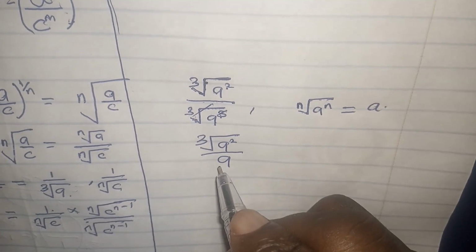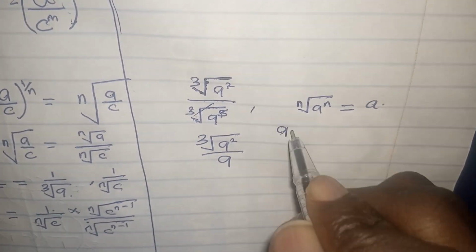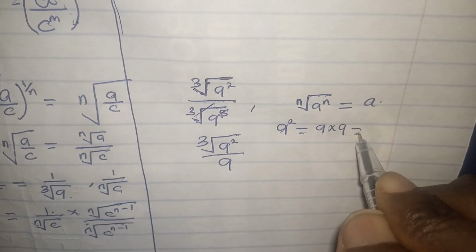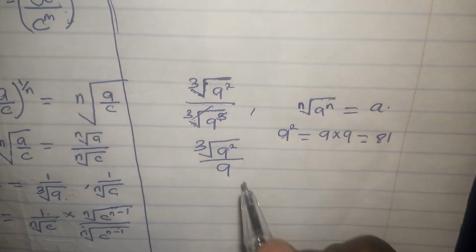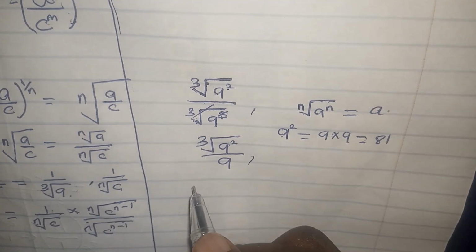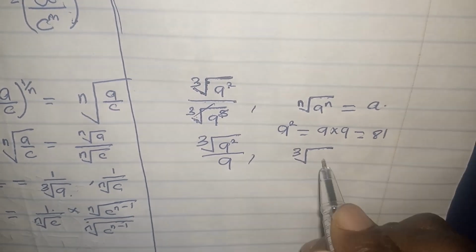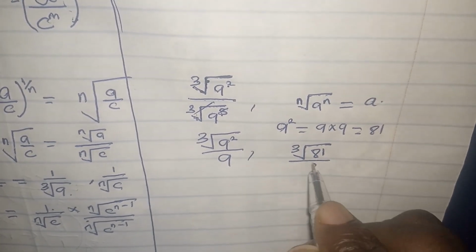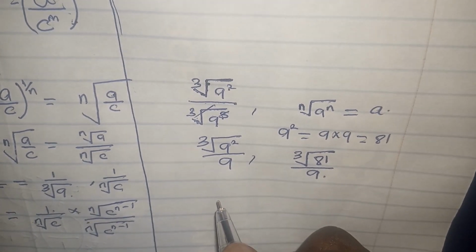So from here we can write 9 to the power of 2, which is also equals to 9 times 9, which is equals to 81. So we'll put this through here. We have this to be the cube root of 81 over 9.